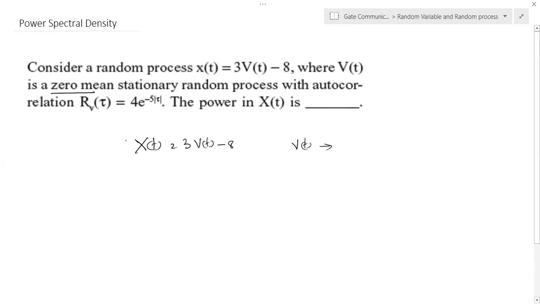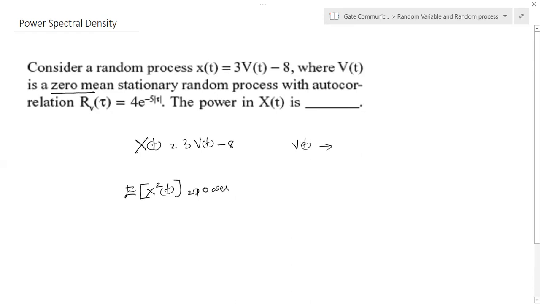So we need to find the power in x of t. X of t is again a random process, but it is a function of another random process. So in this particular question, the properties of v of t are given. If you calculate the expected value of x square of t, which is actually the power.